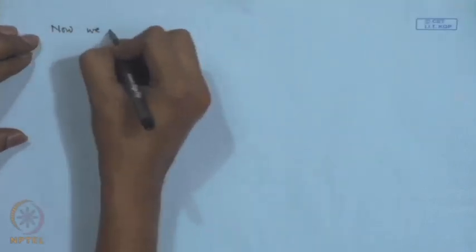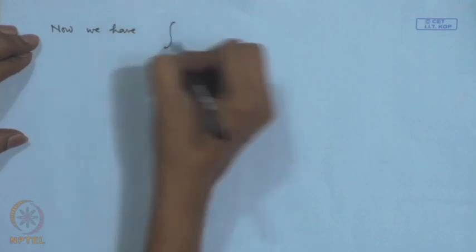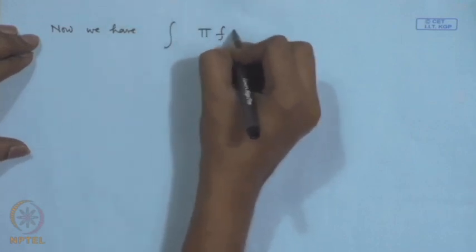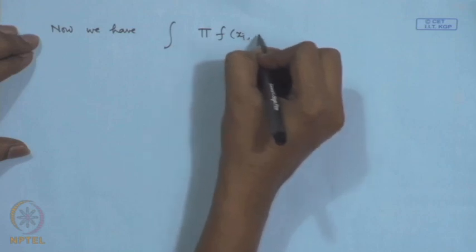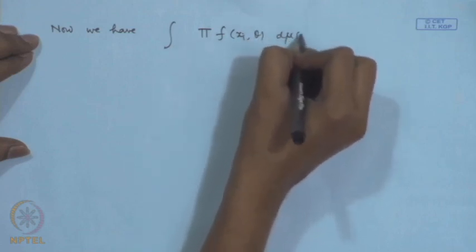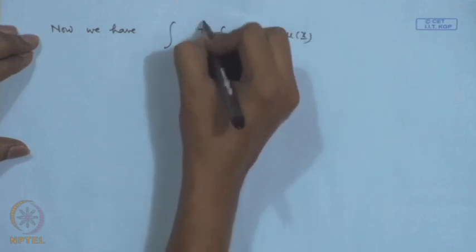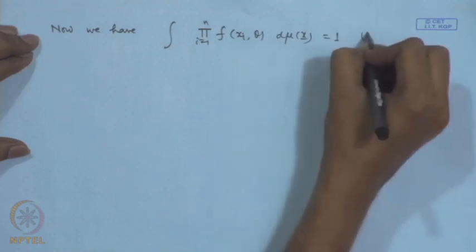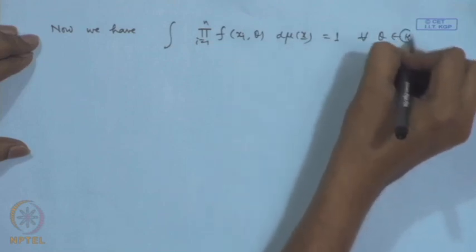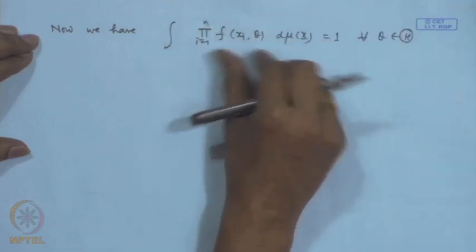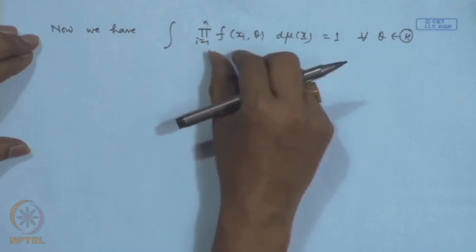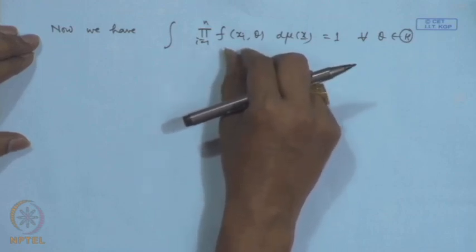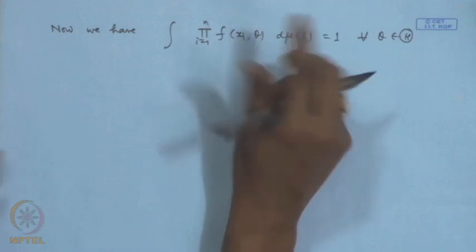Now, we have the integral of the distribution of x 1, x 2, ..., x n equal to 1, by the property of the distribution, that the integral or the summation should be equal to 1 over the whole range.